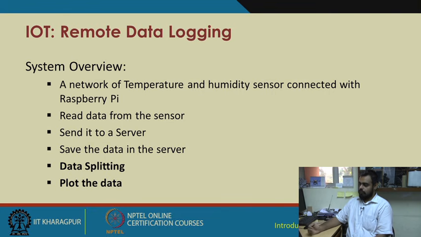Till this part we covered in our previous lectures. After that we'll be splitting the data which we saved in the data logs, and we'll try to create a running plot of the data which is coming into the server.